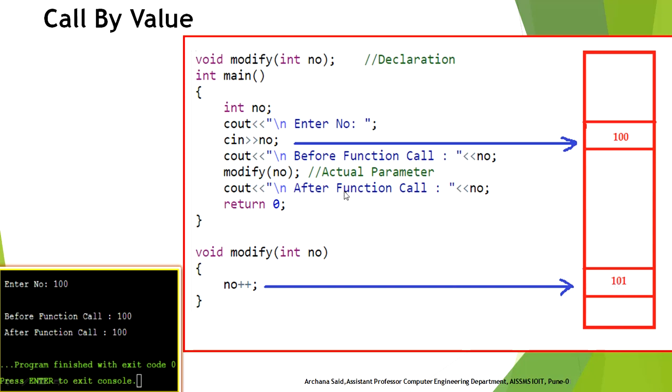If we try to print the value of NO, we'll get the same value as it was printed before the function call. You can see in the program output, the value we entered is 100, and before and after the function call we get the same value. So if you don't want the change reflected in the calling function, you can go for call by value.